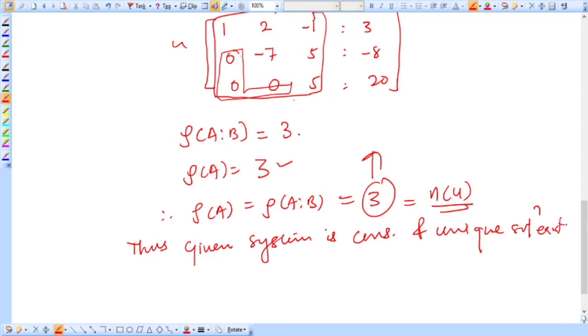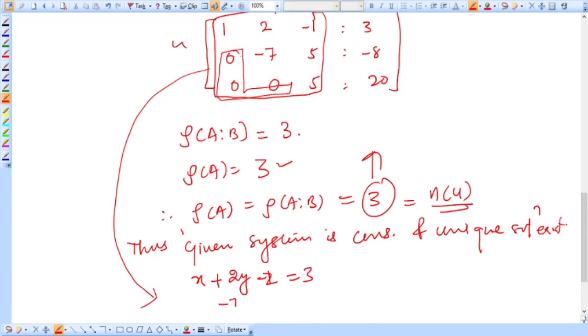So for this we are going to change this matrix form back into equation form, right? So if I write this in equation form, we would have x plus 2y minus 1z equal to 3, and this is 0.